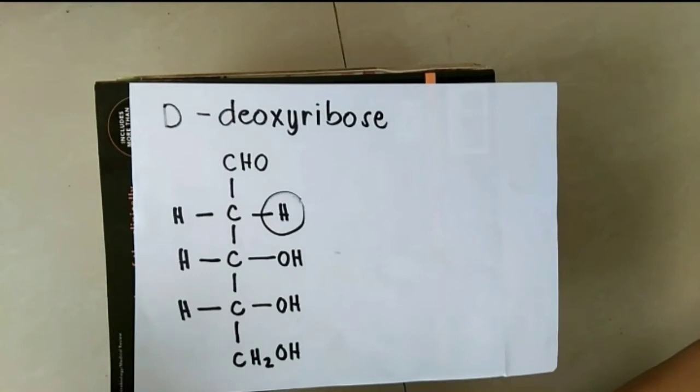We mention it because ribose is the sugar defined as RNA, and deoxyribose is the sugar defined as DNA. The only difference between them is that deoxy means less oxygen. The deoxyribose is missing an oxygen compared to ribose.